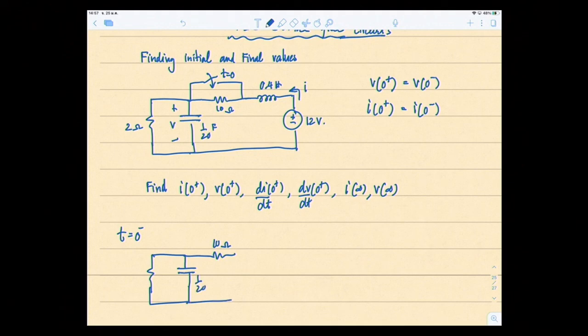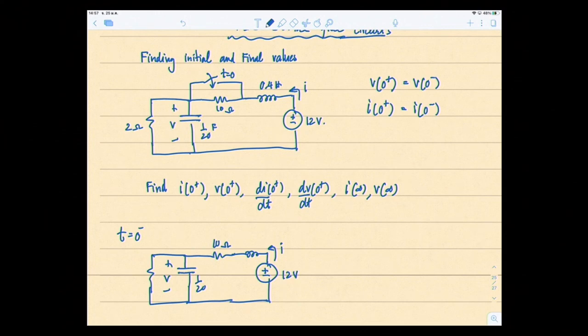So our 10 ohm is there, with the 12 volt source. The circuit has been like this for a long time, from t equal to minus infinity up to t equal to 0 minus. Imagine a very long time, steady state reached, capacitor fully charged, inductor fully energized.